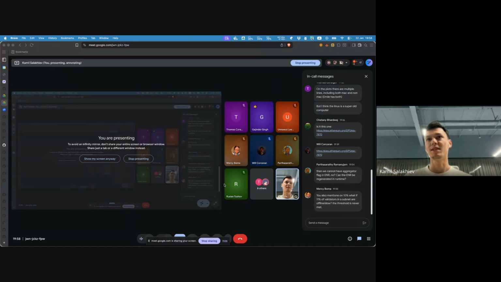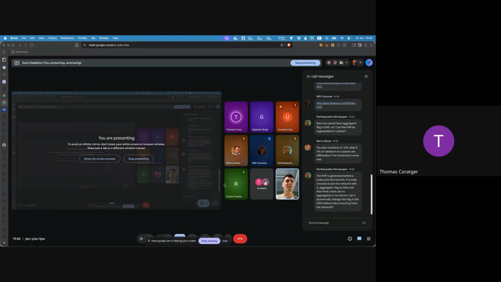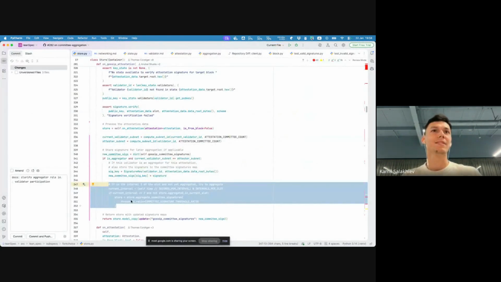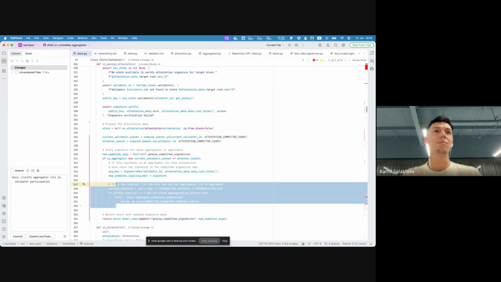If it is the second interval, we just perform an aggregation. I think that's actually simpler, so maybe we can start with this. Okay, then I'll remove some stuff regarding the threshold of signatures that we need to reach before we perform aggregation. Then this will become much simpler.